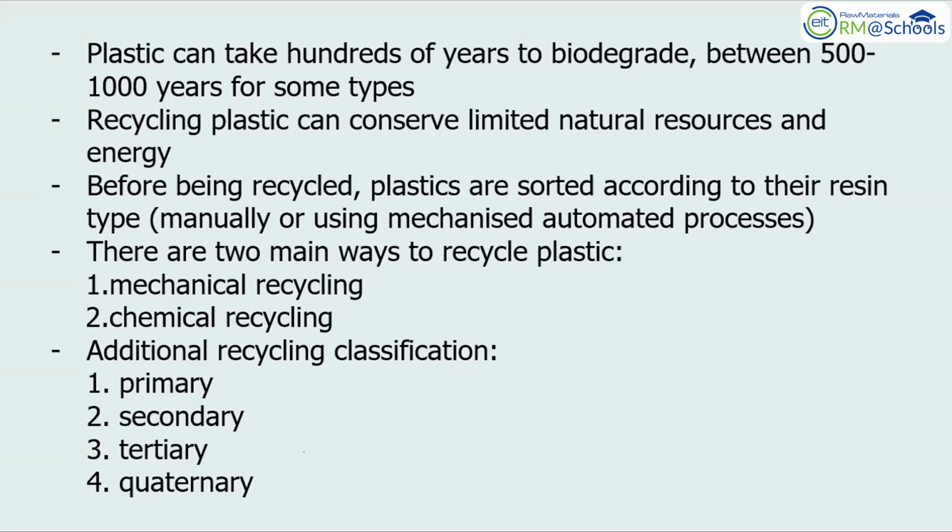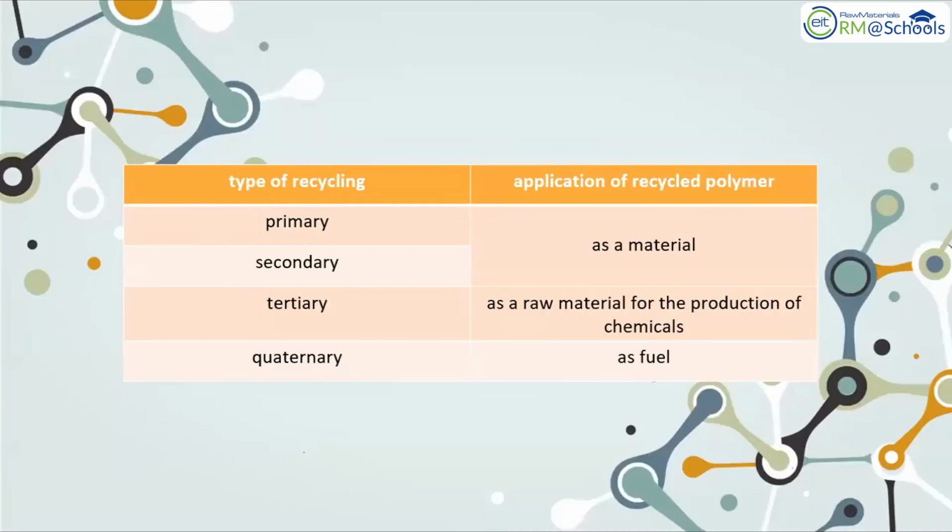Okay. We have other recycling classifications. It's primary, secondary, tertiary, and quaternary. And in this table, we can see what is meant by primary, secondary, tertiary, and quaternary type of recycling.